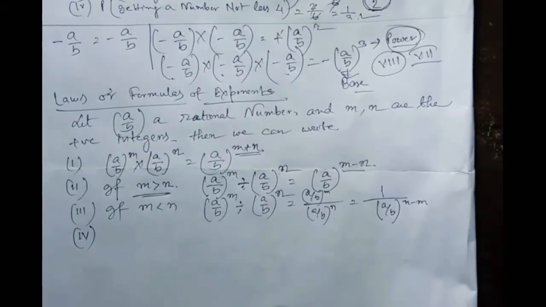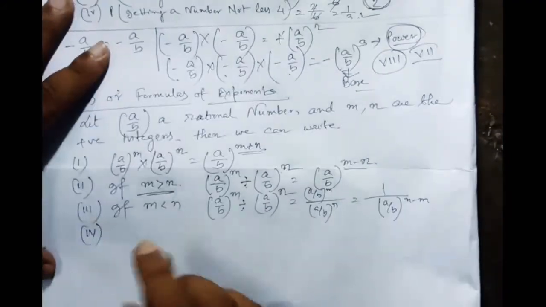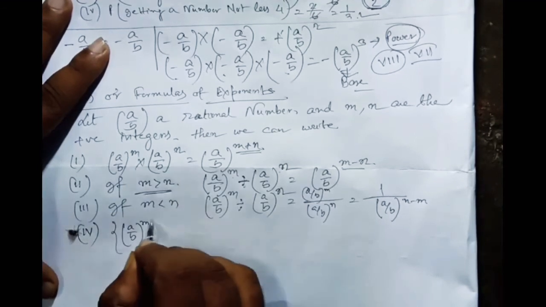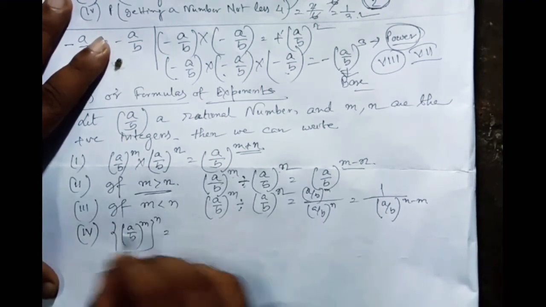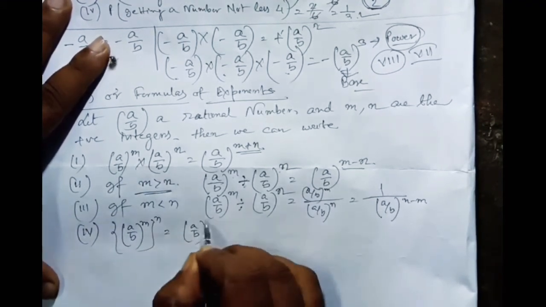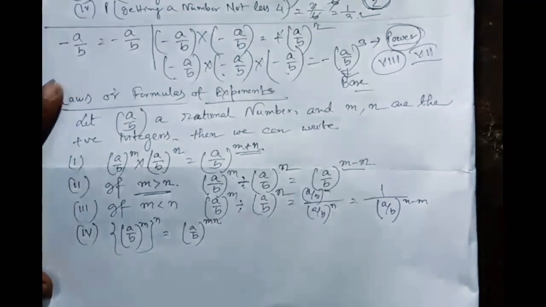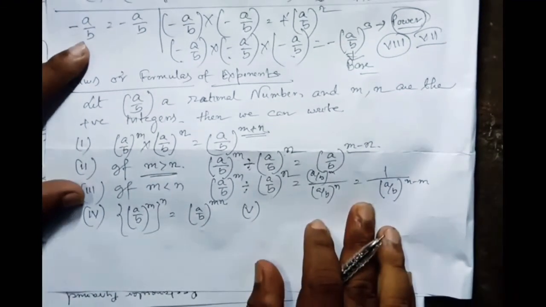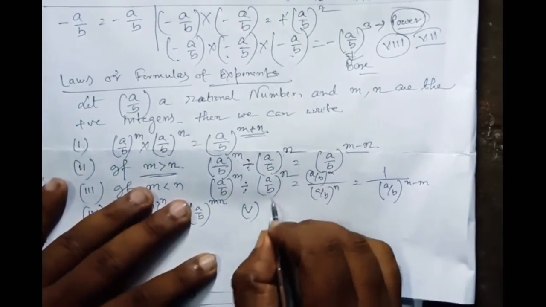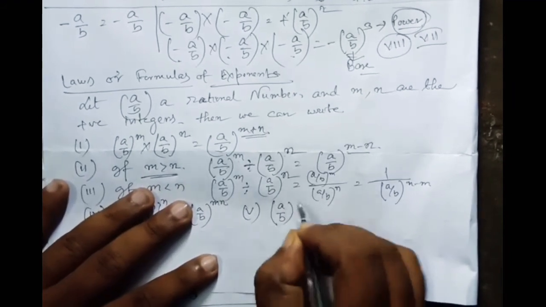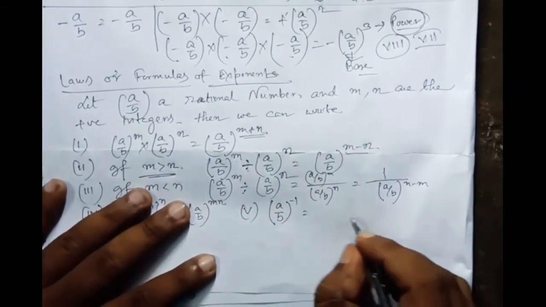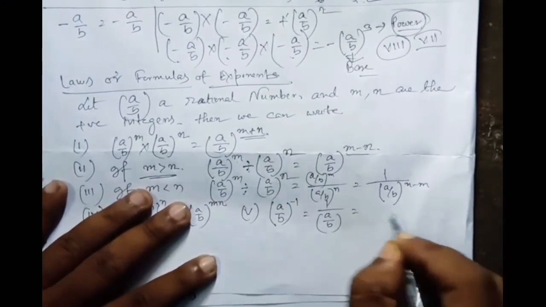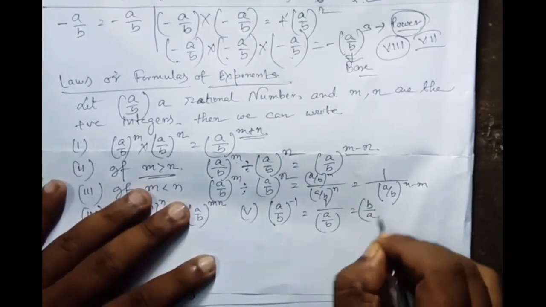Next, the fourth law. What is the fourth law? A by b whole to the power m, whole to the power n, gives a by b whole to the power mn. Next, fifth law: a by b whole to the power minus 1 can be written as 1 by a by b, which is b by a.